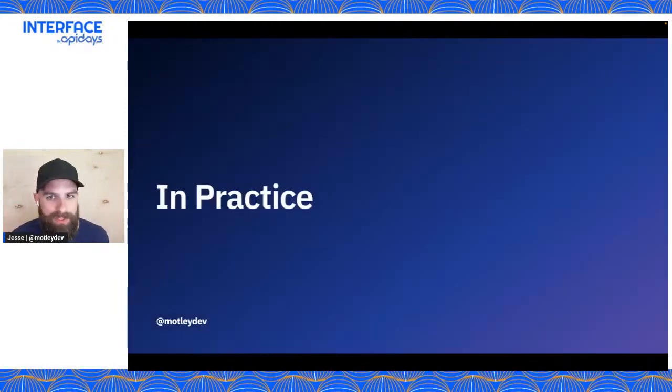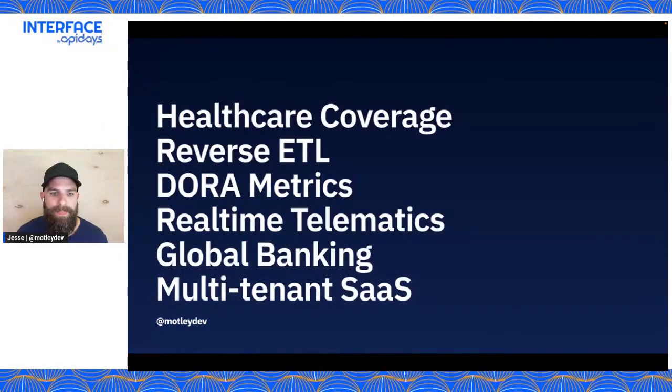And to be totally honest with you, this is actually a very real pattern that we have seen that spans every vertical you could imagine. Multi-tenant applications, real-time telematics, DORA metrics, healthcare, finance. This is something that a lot of developers are starting to see: hey, once that connects to the world, I should be able to just access this data.